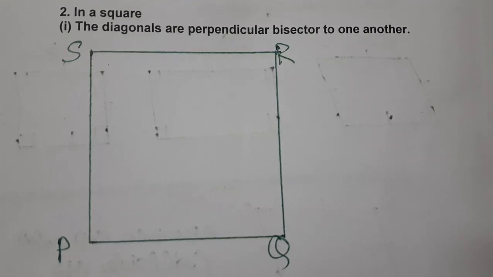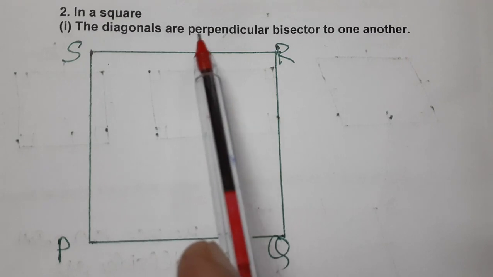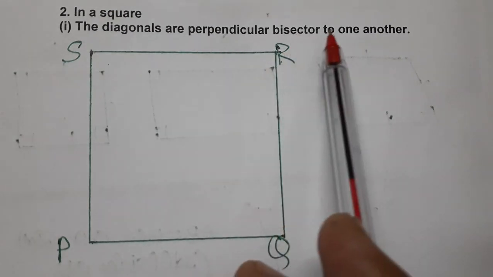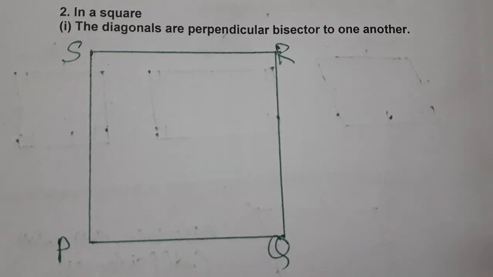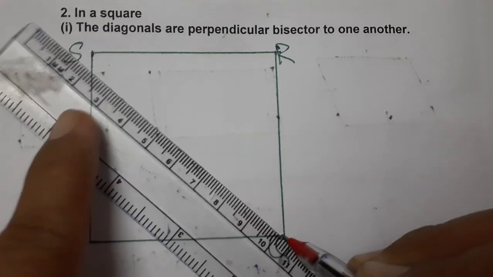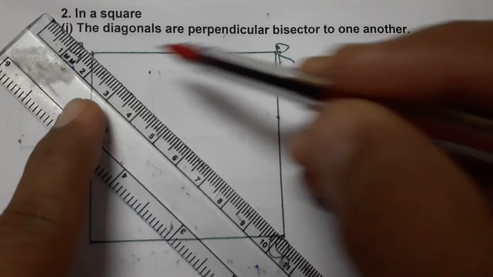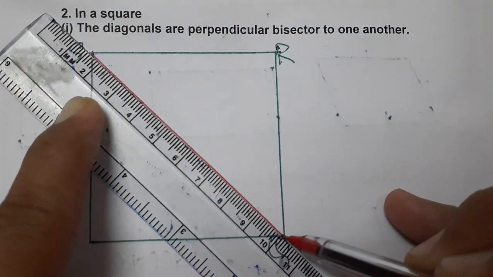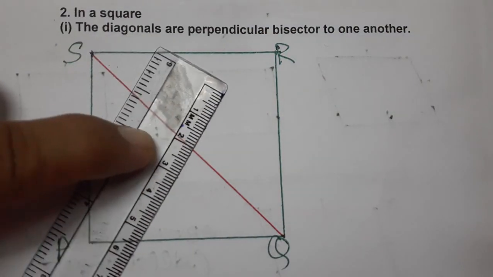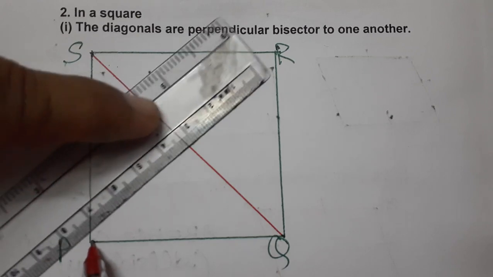Now children, what makes a square different from a rectangle? That property is: the diagonals of a square are perpendicular bisectors of one another. There are two diagonals and they are perpendicular and bisect each other also.